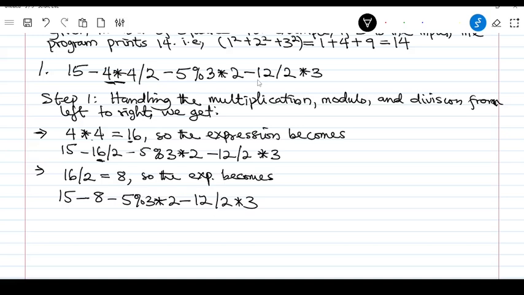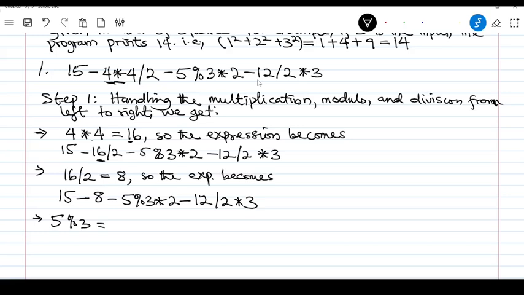Here now we're having 15 minus 8. This is the difference operator, which is subtraction. The next step we're going to go with is around this area where we have division and multiplication, right? So the next step is to do 5 modulo 3. 5 modulo 3 is the remainder of dividing 5 by 3.